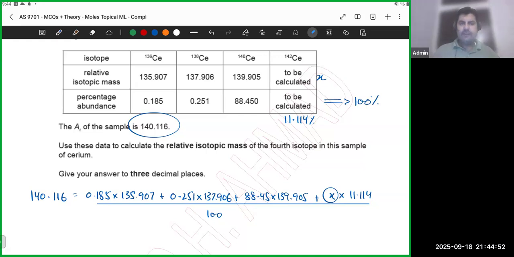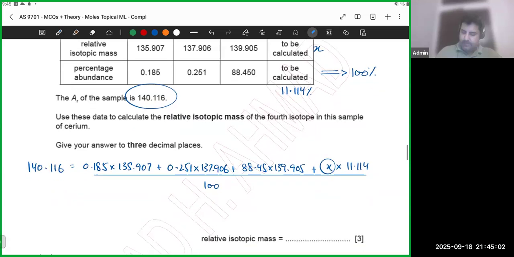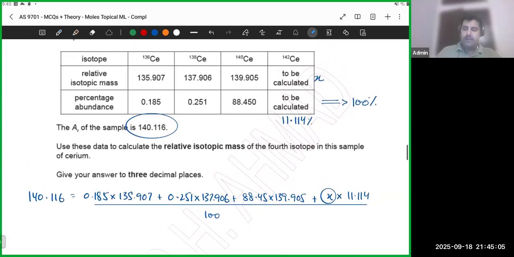So try this, find out what the answer is. And you have to be intelligent because you have to have some idea about what X should be. Well, the 142 is the nuclear number, so it should be something very close to 142.